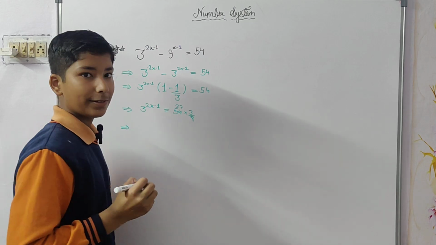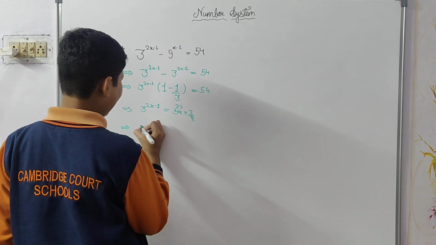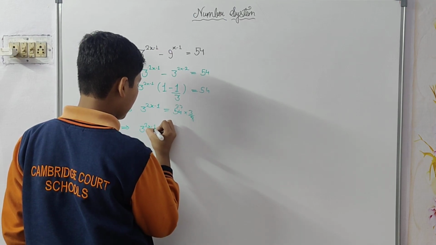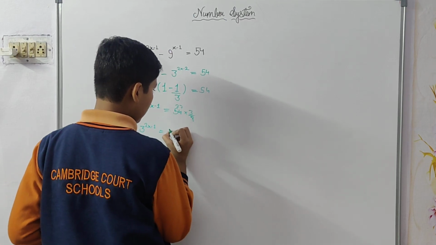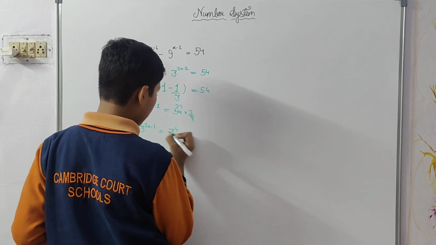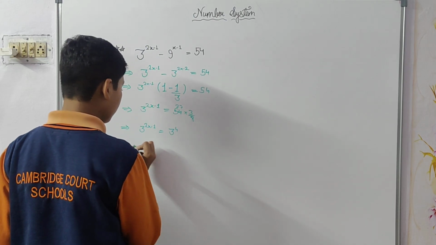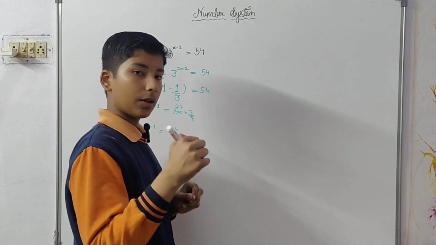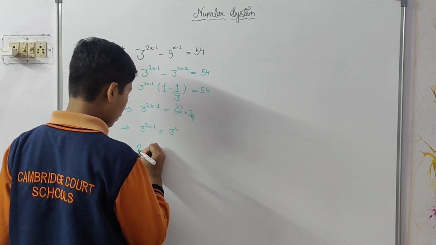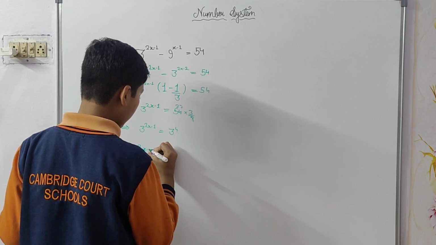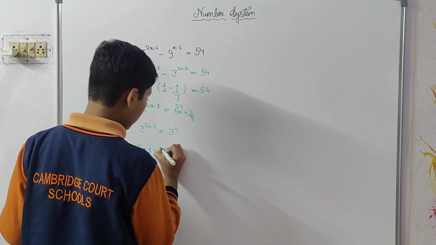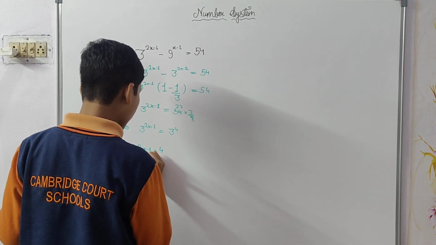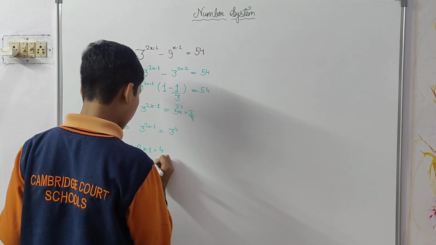I know that you haven't understood anything. 3 to the power 2x minus 1 equals 3 to the power 4. Okay, now, since the bases are same, the powers can also be equated. Now 2x minus 1 equals 4. 2x equals 5.